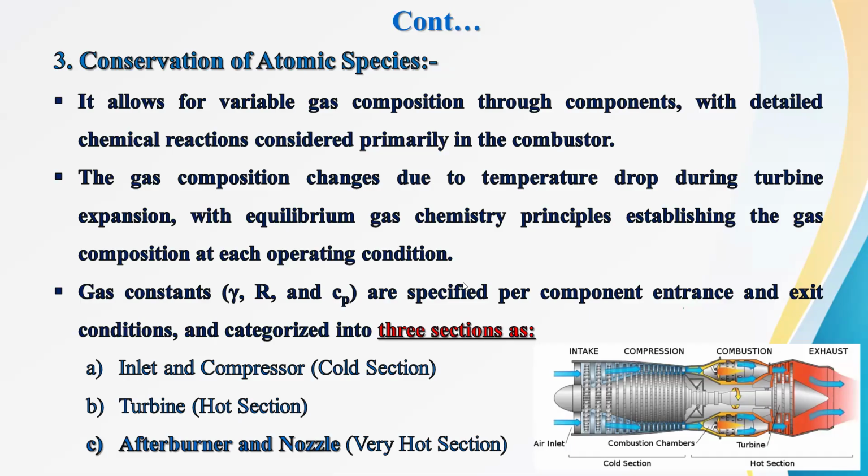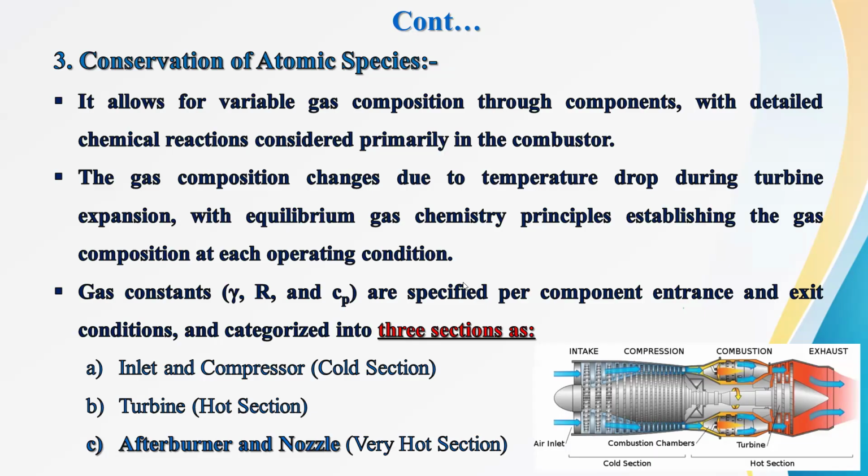It allows for variable gas composition through the components, so that atomic species should be conserved. The gas composition changes due to temperature drop during turbine expansion, with equilibrium gas chemistry principles establishing the gas composition at each operating condition.